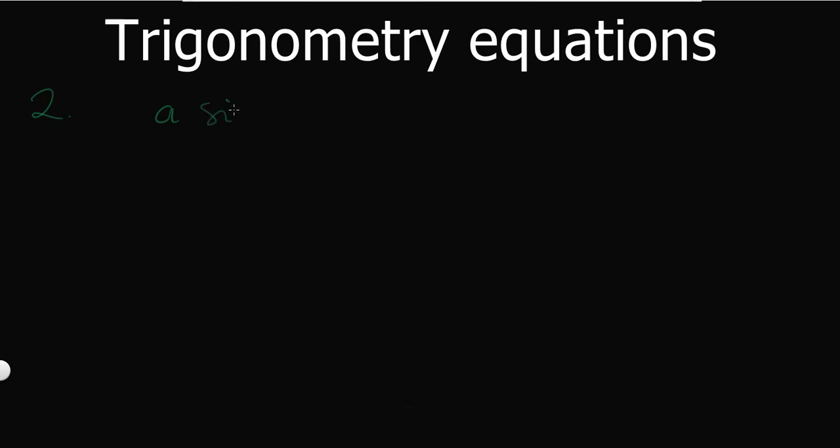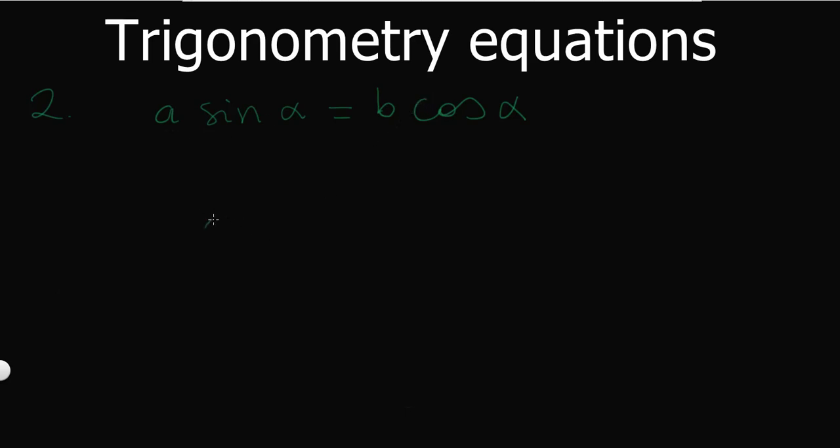For example, I have a sine alpha equal to b cos alpha. You see here we have the same angle, but the coefficients are different.